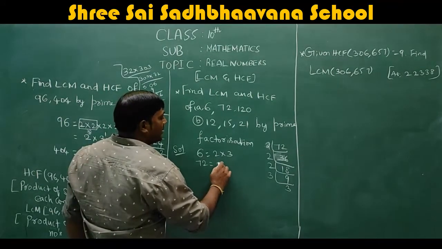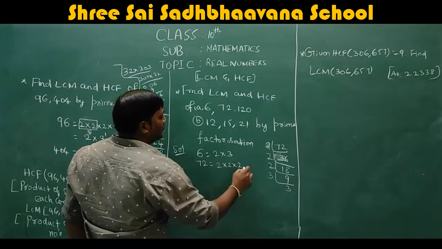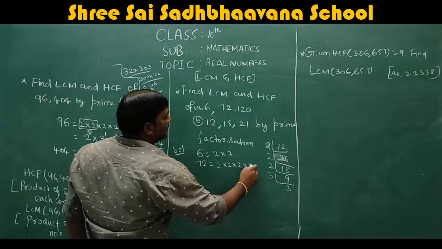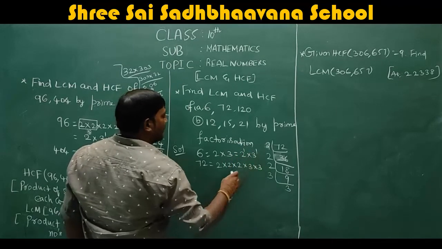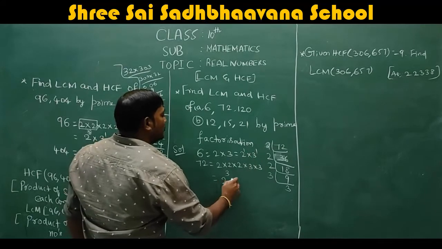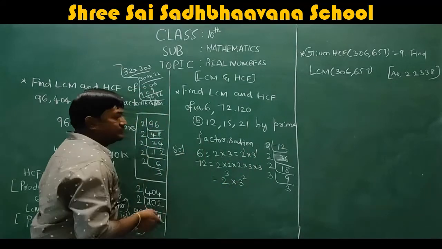So the expansion can be written as 2 into 2 into 2 into 3 into 3. This can be written as 2 cube into 3 square.